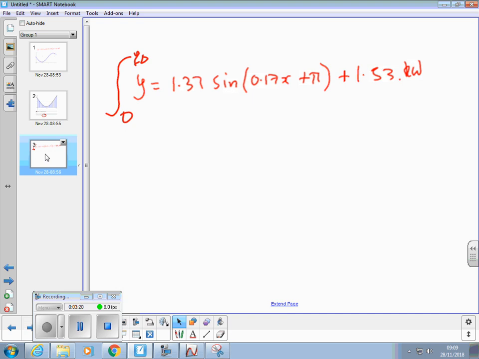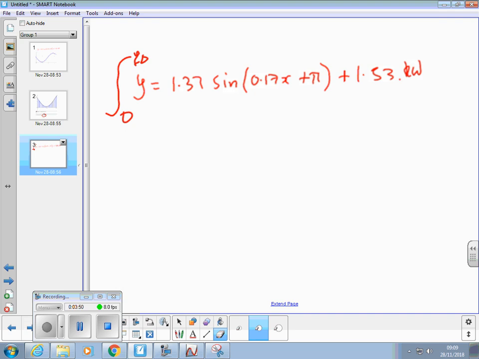The data is quite similar, so you're likely to decide on either a cosine or a sine function, and therefore the method will be similar. The function is in kilowatts. If we integrate it, we find the area under it, which is in joules or kilojoules.